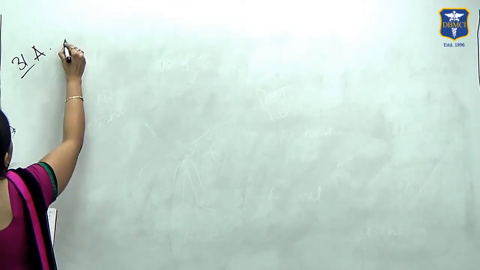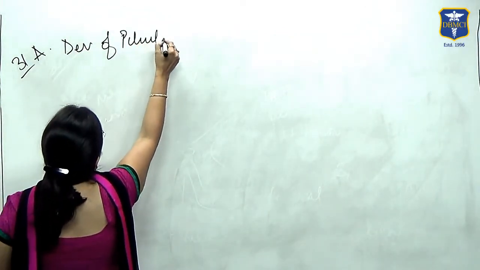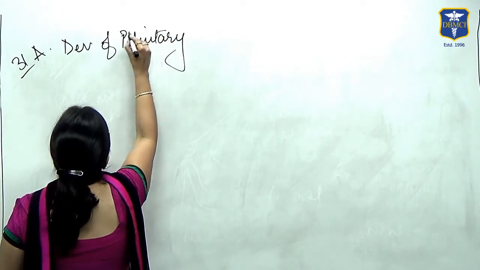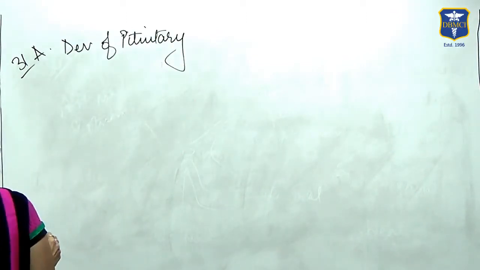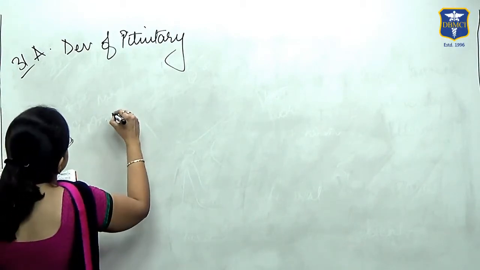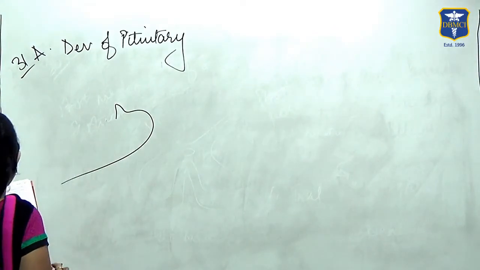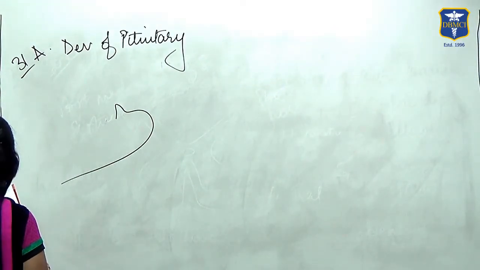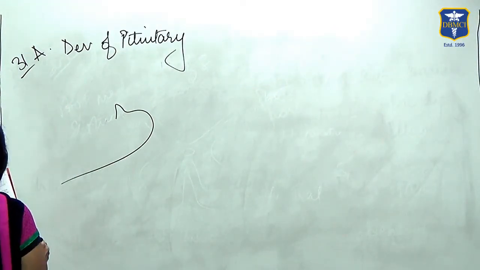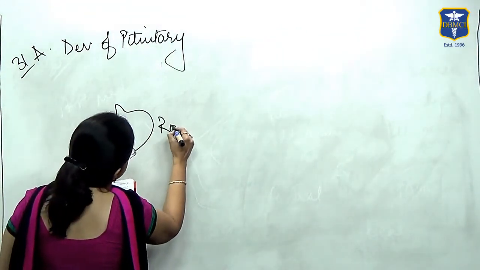Let us look at the development of the pituitary gland. The anterior lobe of the pituitary develops as a diverticulum from the roof of the stomatodium in front of the buccopharyngeal membrane.